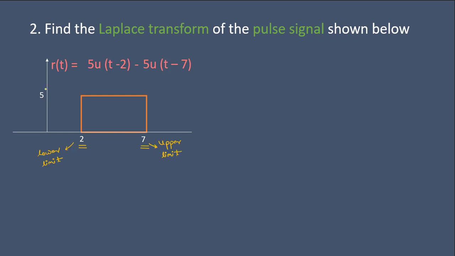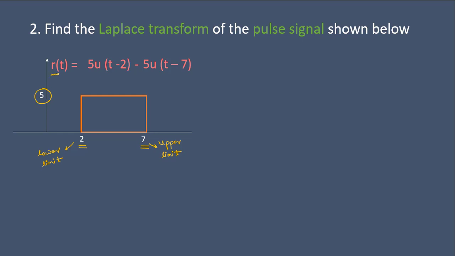And the important thing, the height of this pulse is 5. In example number 1, the height of the pulse signal was 1, but in this example, the height of the pulse signal is 5.